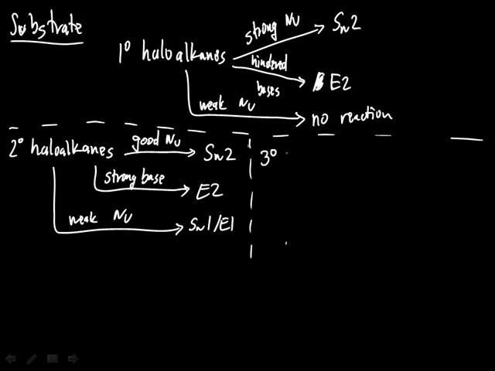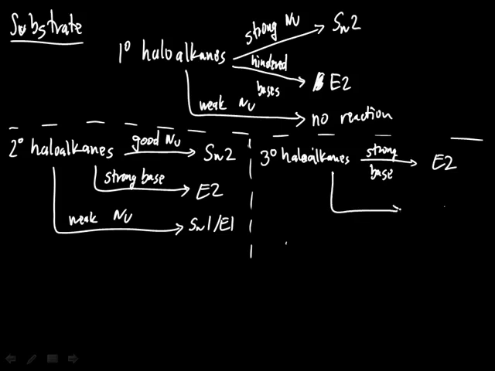Finally, the tertiary haloalkanes with strong base will give E2 reaction. So remember, E2 reaction can occur in tertiary substrates as well, if we have a base that is strong enough, that doesn't need to wait for the cation to form.